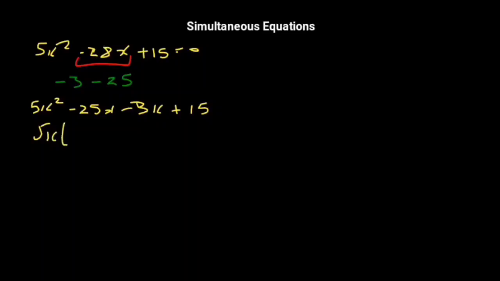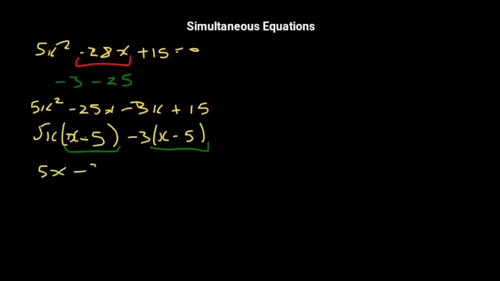So 5x is common in our first group. 5x into 5x squared would give us x, and 5x into minus 25x would give us minus 5. In the second group, minus 3 is common, so minus 3 into 3x would give us x, and minus 3 into 15 would give us minus 5. Both of our brackets are the same, so that proves that we are correct. We have our expressions outside, which are 5x minus 3, and then our second bracket will be x minus 5.